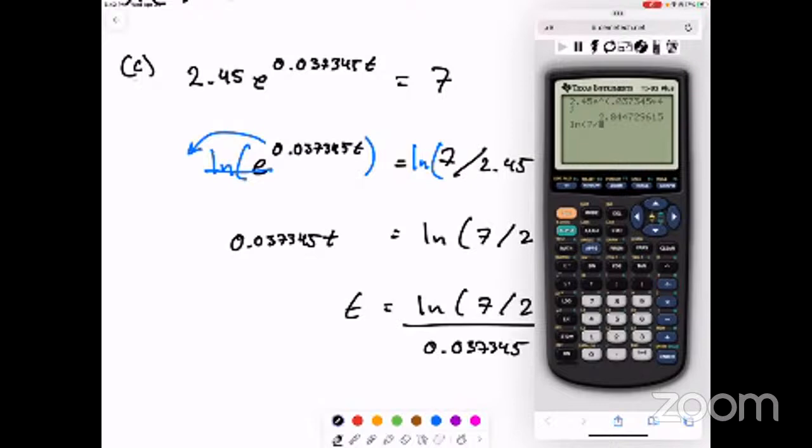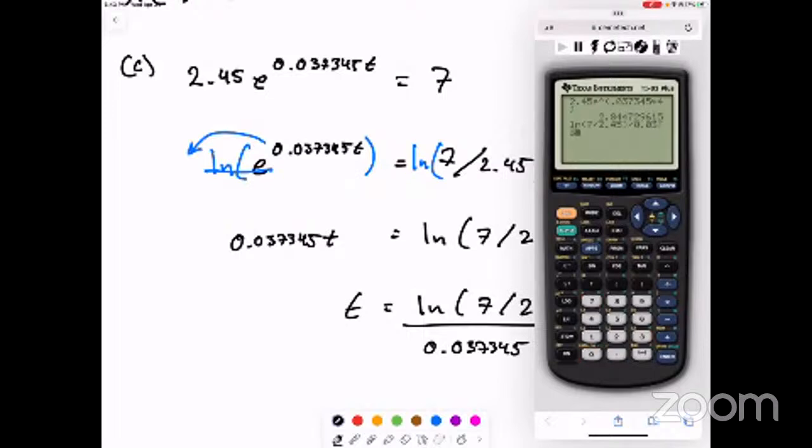Let's try that again. ln is S, 7 mash 2.45. Okay. Parentheses. Mash. Okay. That decimal, 0.037345. Okay. Looks good. Cross our fingers.